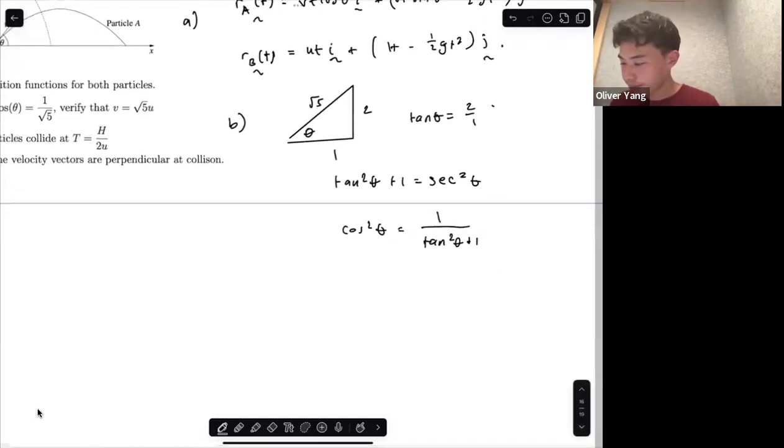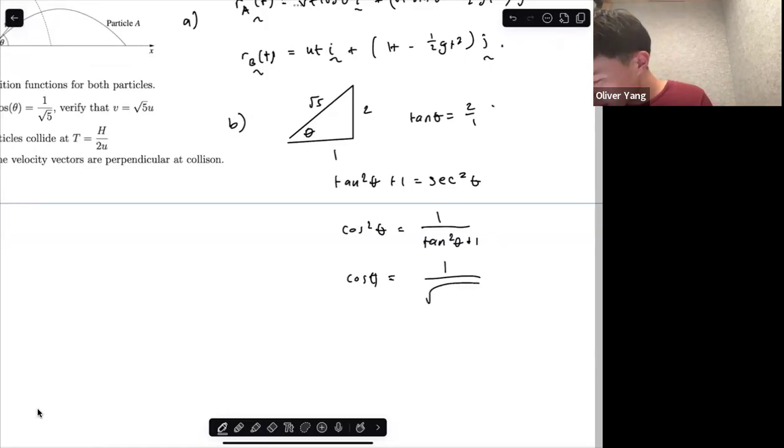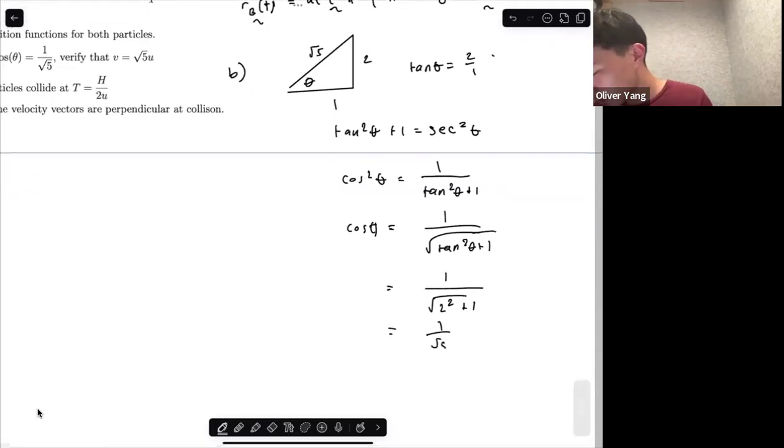And then this would have been cos theta equals 1 over the square root of tan squared theta plus 1. So this becomes 1 over root 2 squared plus 1, which is 1 over root 5, right? So we've just verified that.